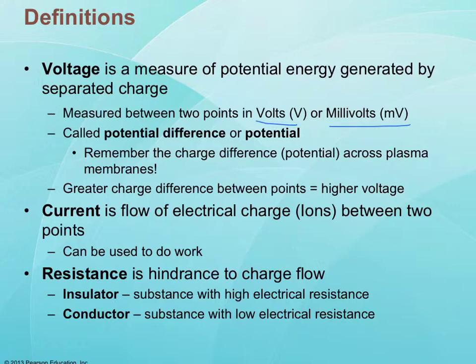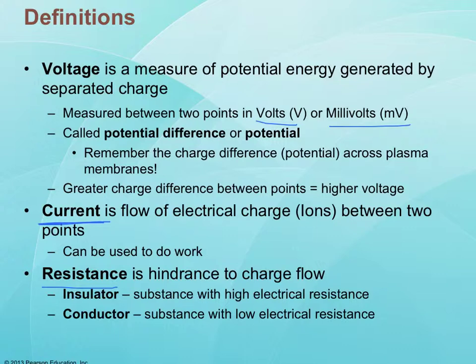And the current is the flow of electrical charge. It can be electrons, or in our body, ions, between two points. Once ion channels open on the cell membrane, ions pass through, which gives a current. And the thing that resists the current going through is the resistance.